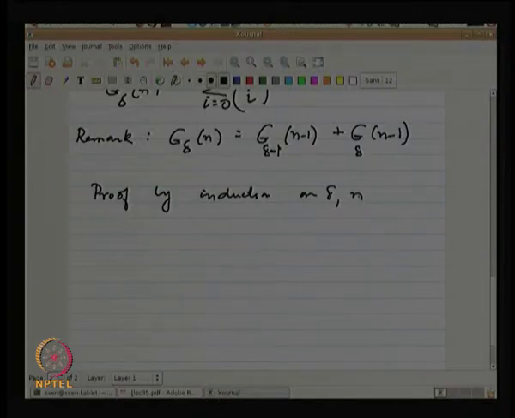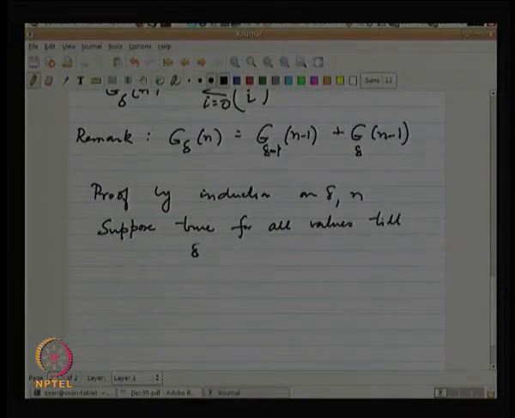So, there is a double induction basically, there are two variables delta and n, right. Suppose it is true.